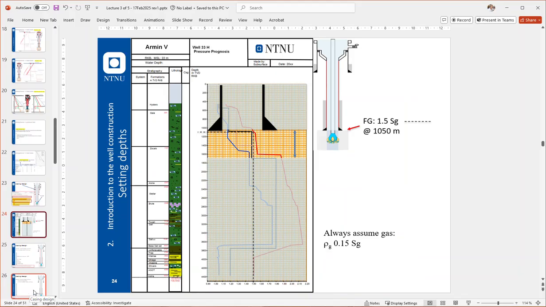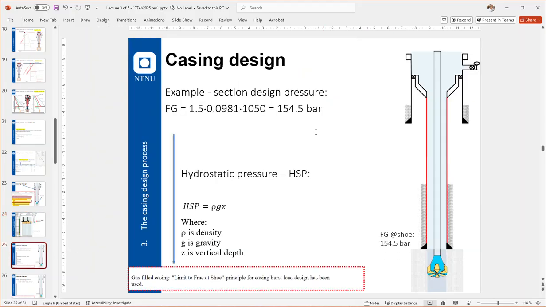Calculation example, just to show how this works. The fracturing gradient below this casing shoe is set to 1.5 and the depth is 1050 meters. We always assume some 0.15 SG for the gas itself. And that amounts, through our calculations, to 154 bar pressure.